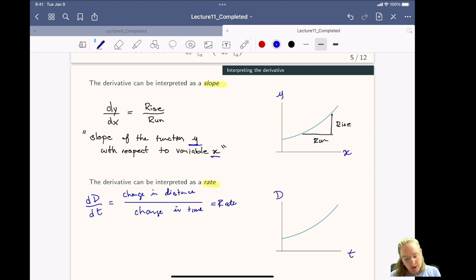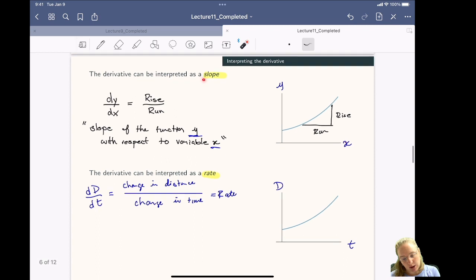So a derivative can be interpreted as a slope, or it can be interpreted as a rate, depending on what kind of independent and dependent variables that you have.